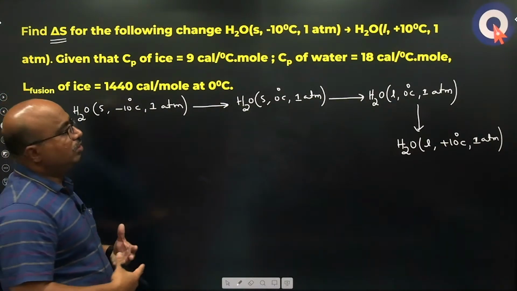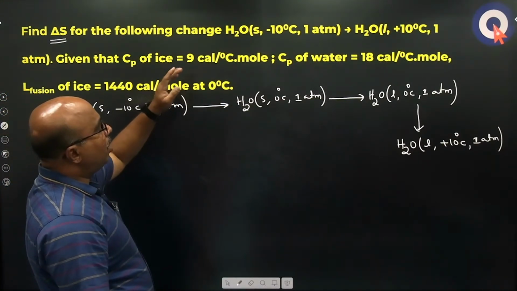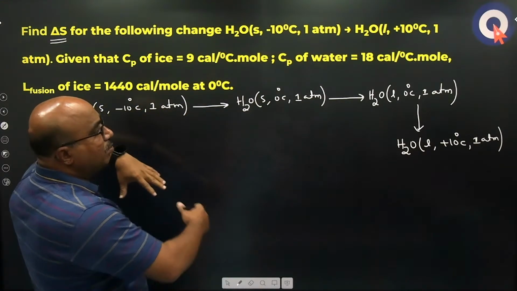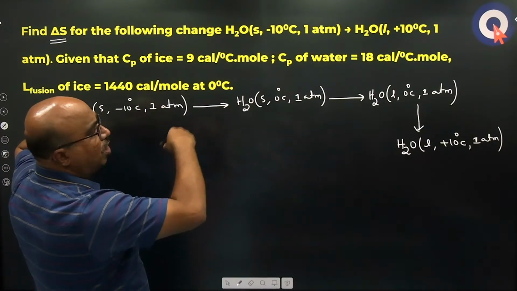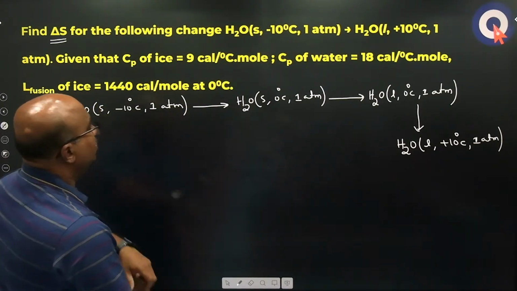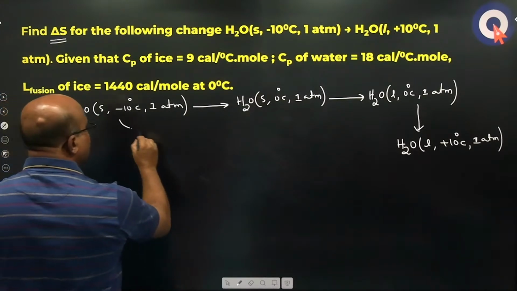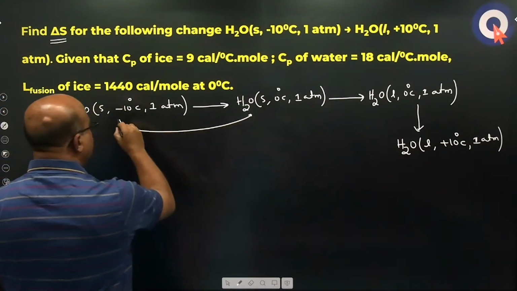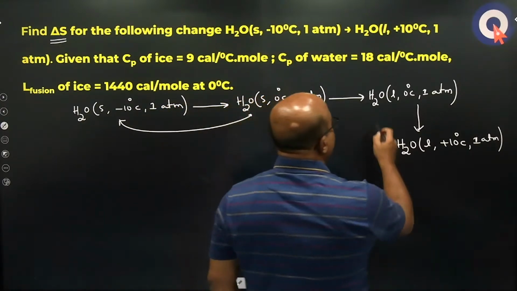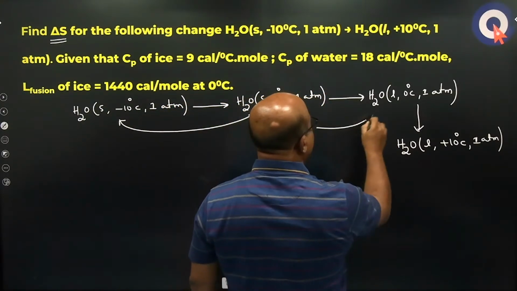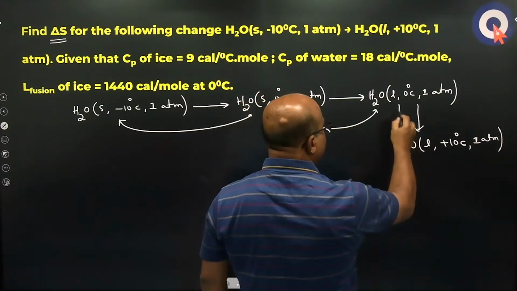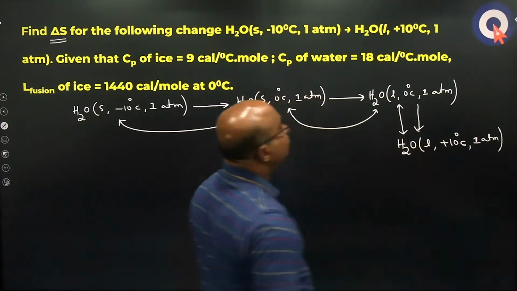This is how the process of water solid at minus 10 degrees and 1 atmosphere can be split into water liquid at plus 10 degrees centigrade and 1 atmosphere. During this process, in the first stage only the temperature changes, in the second there is only a change of state, and in the third there are again temperature changes.